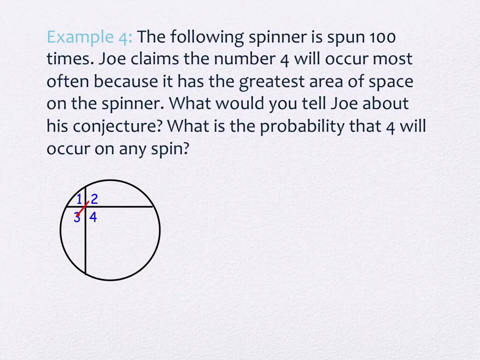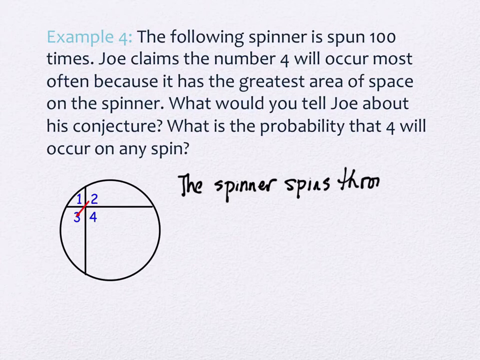Go for it, Emily. The spinner itself is still in the center of all the numbers, so they're still equally portioned for each number. Okay, cool. Yeah, so the spinner spins through 1 through 4, I'm going to say through equal angles.